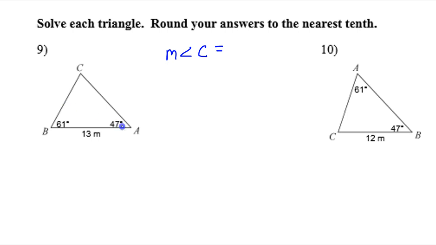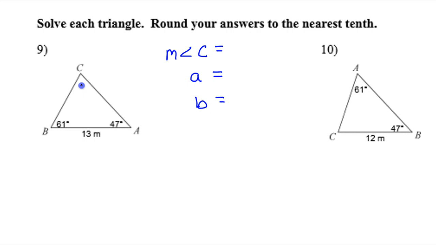The side across from angle A, we will call it lowercase a. So we need to find that. And so this side would be lowercase b. So these are the three things that I hope to find.